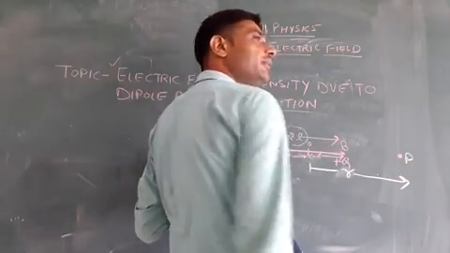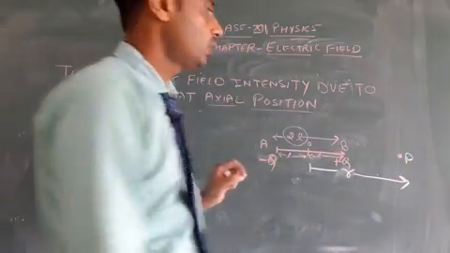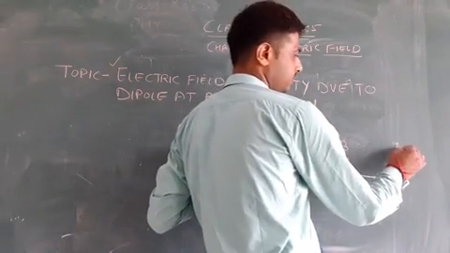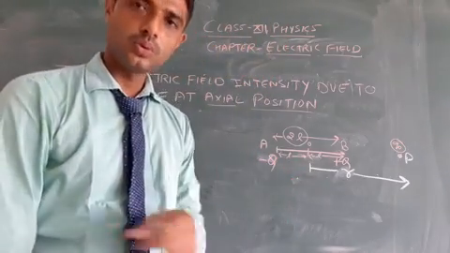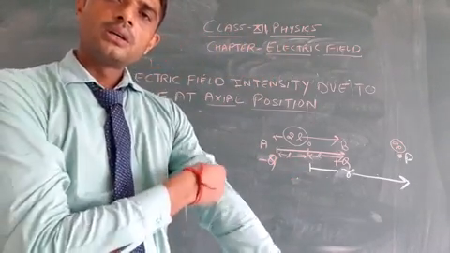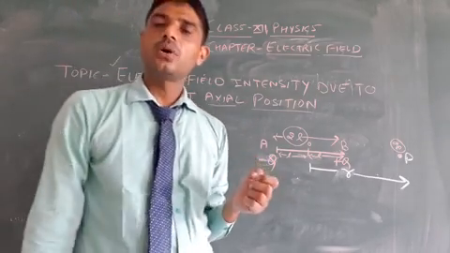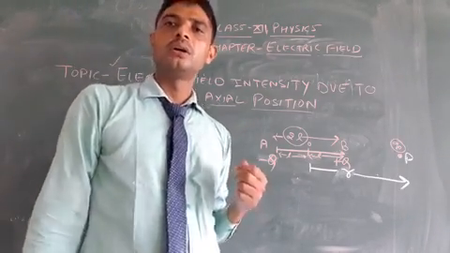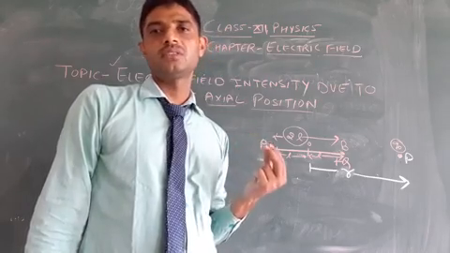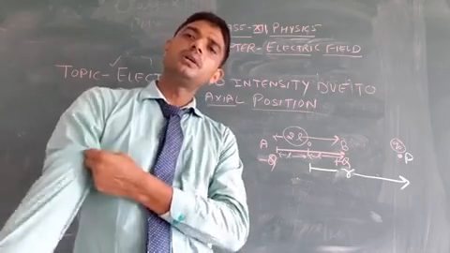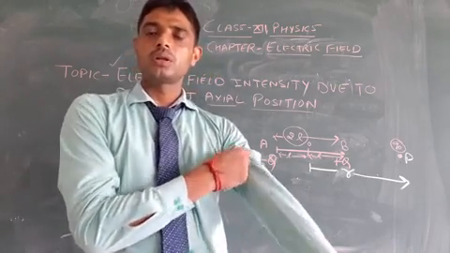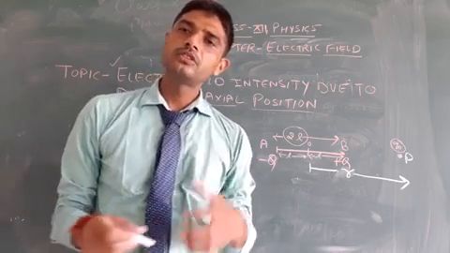Let there be an imaginary test charge q naught. This is an imaginary test charge q naught. Mostly this test charge is positive in nature. You can take it negative, but to solve this derivation we assume it positive.